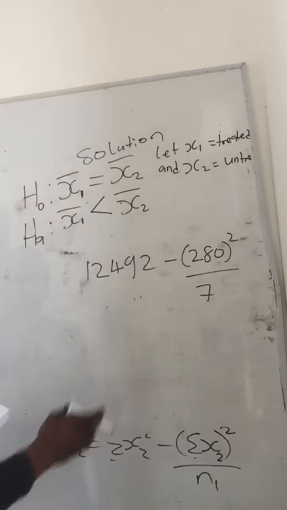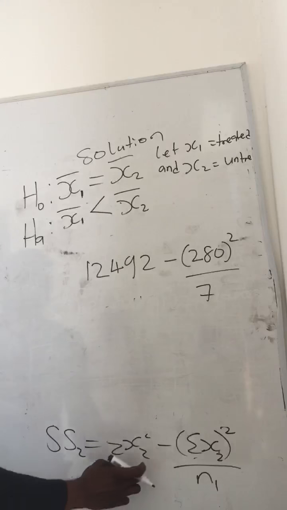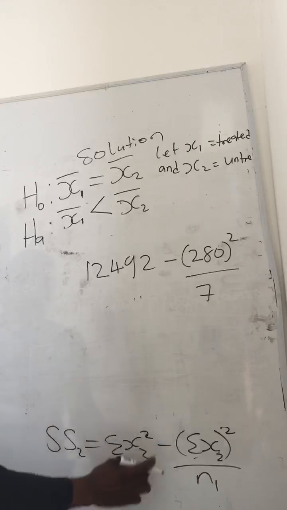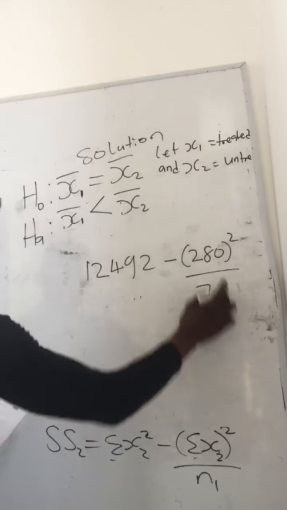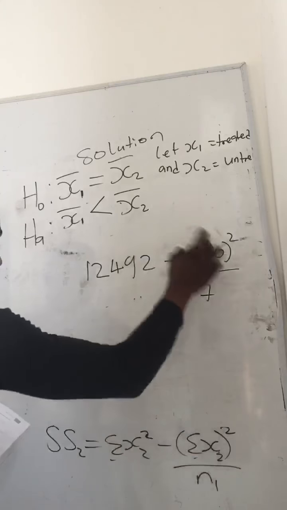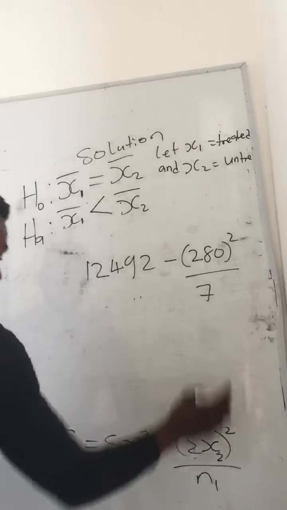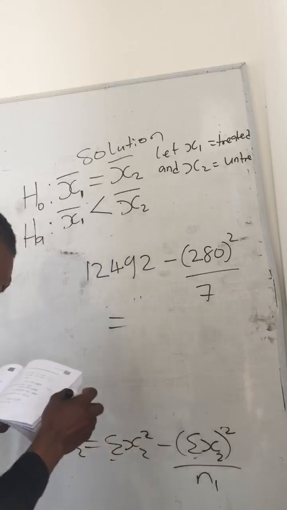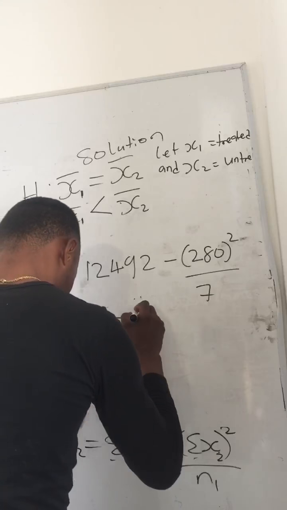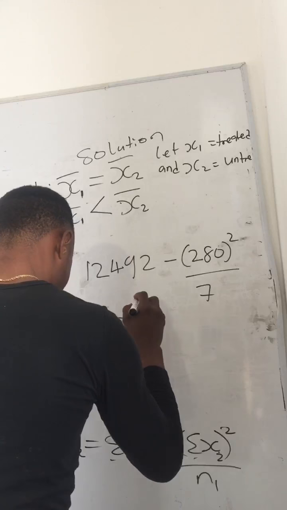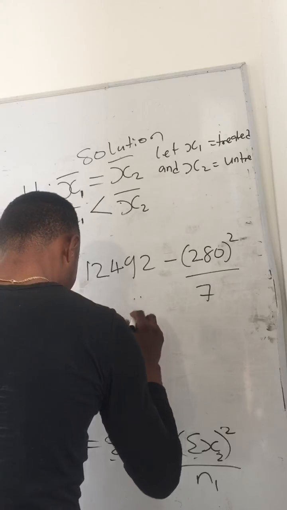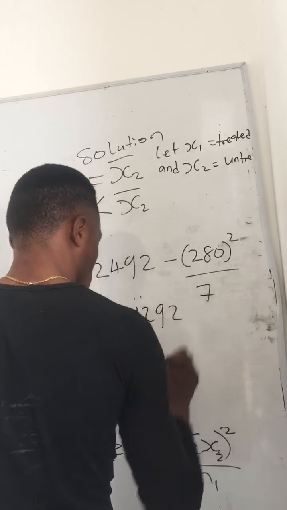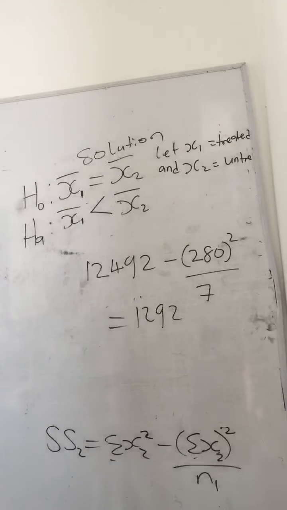Here is our summation s2 squared, this here is our summation y all squared, and this is our n. So when we work this, we get 1292.